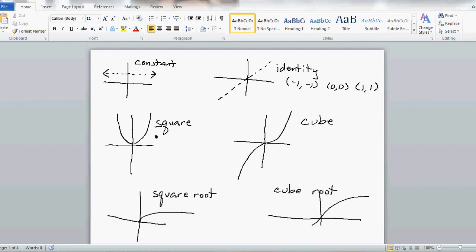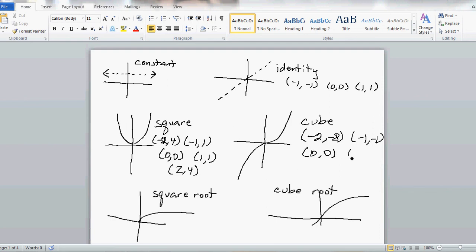Squares would be negative 2, 4; negative 1, 1; 0, 0; 1, 1; and 2, 4. Cube, I've already said, negative 2, negative 8; negative 1, negative 1; 0, 0; 1, 1; and 2, 8.